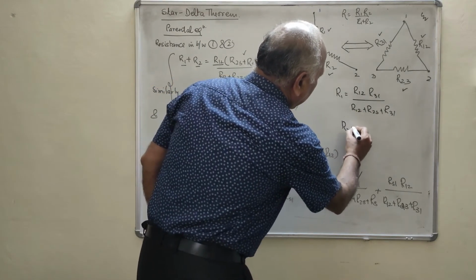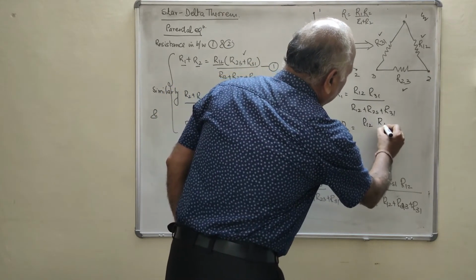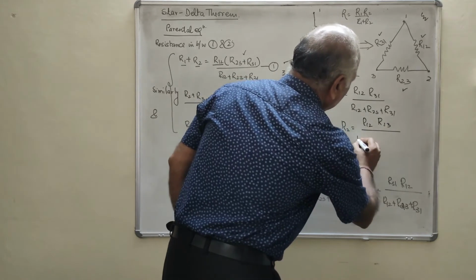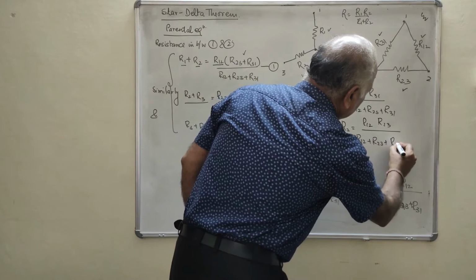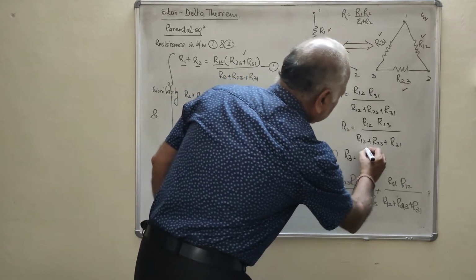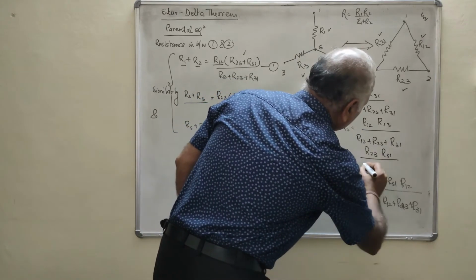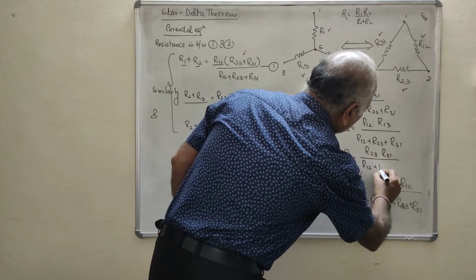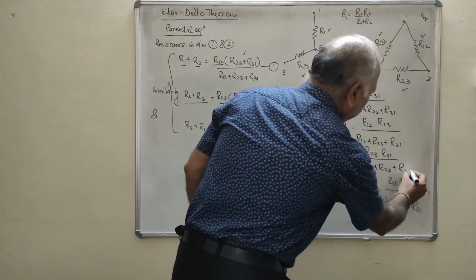Similarly, you will get R2, that is equal to R12 R23 upon R12 plus R23 plus R31. And what will be the value of R3? That is equal to R23 R31 upon R12 plus R23 plus R31.